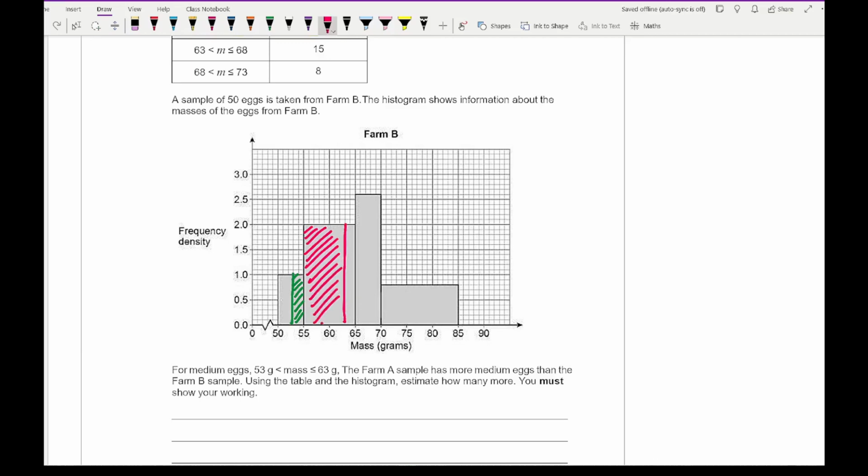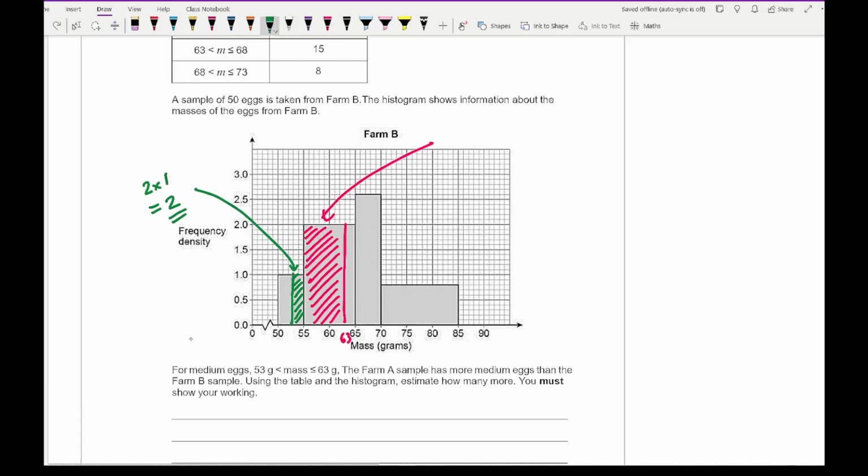So what I need to do is work out the individual areas of the green and the pink bar. So if I take the green one to begin with, the area of that is going to be 2 times 1, which is 2. And then if I work out the pink area, well, that's going to have a width of 8 because that's going up to 63.